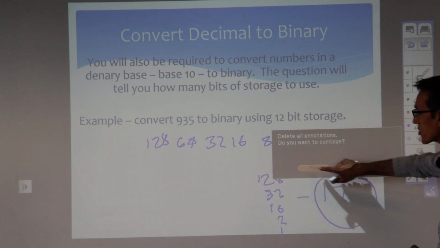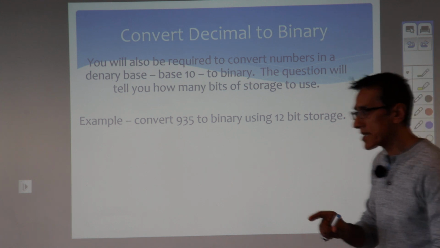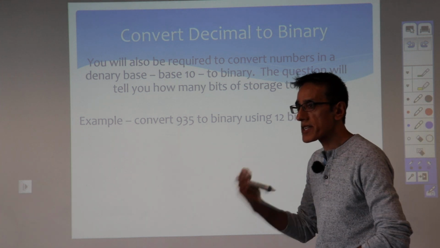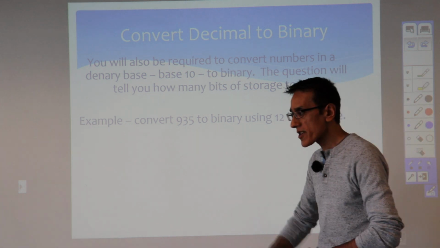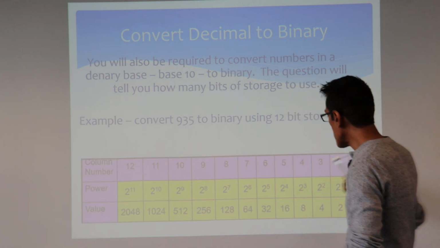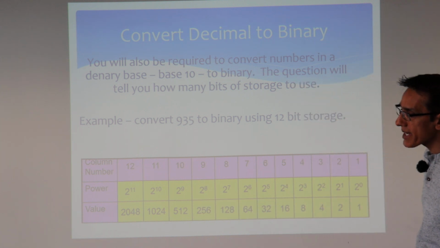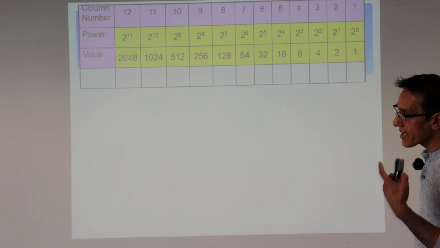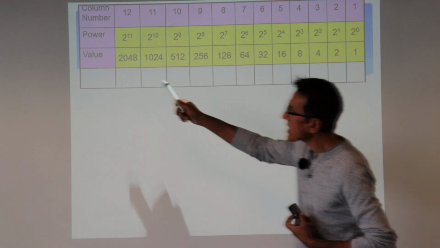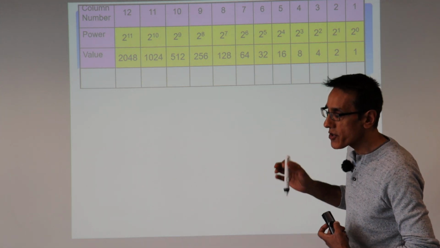Let's see how we can convert a decimal number now to binary using 12-bit storage. So 12-bit storage tells me I need 12 column headings, and my 12 base 10 values are also placed here. I take the 935 and ask myself, what's the highest column I am able to use?